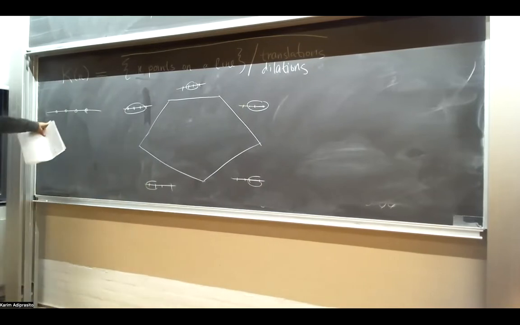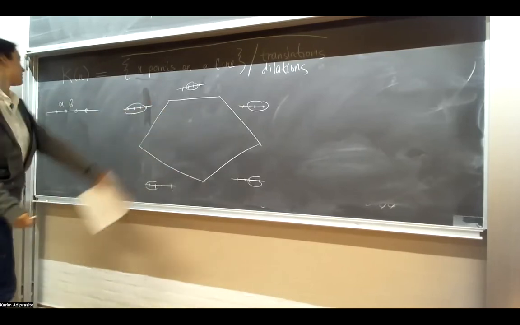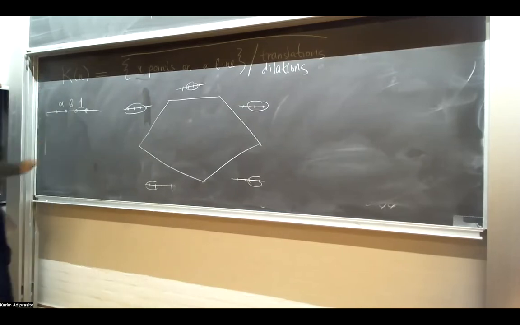So now if we have 4 points, let's call this distance A, let's call this distance B, and using the dilations, let's make sure that the last distance is 1.